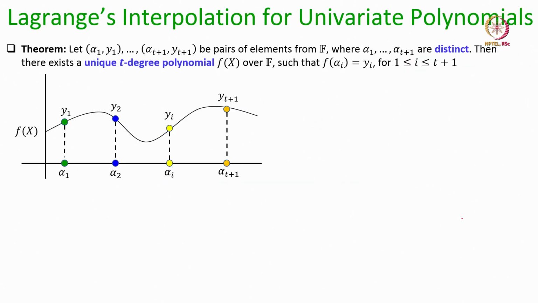Okay. Now, we want to discuss the Lagrange interpolation for bivariate polynomials, but before going into that, let us quickly recall the Lagrange interpolation in the context of univariate polynomials.